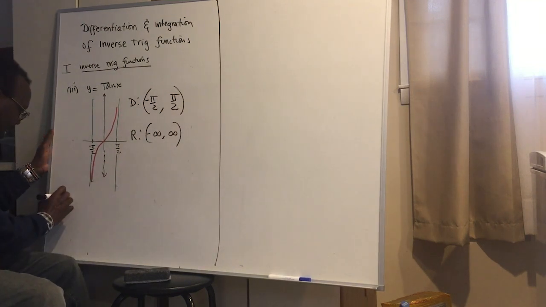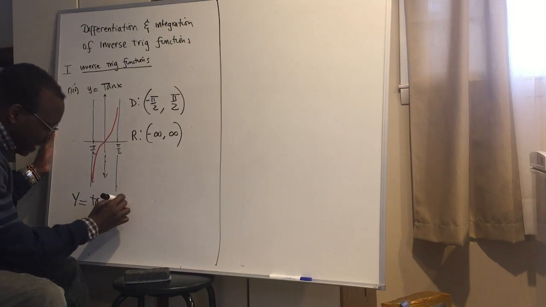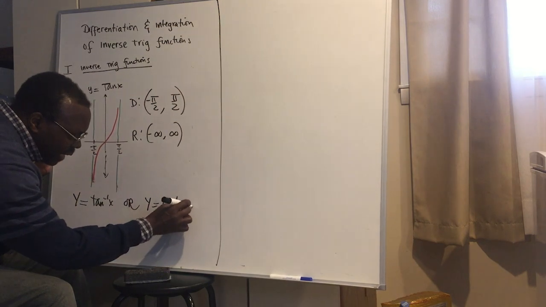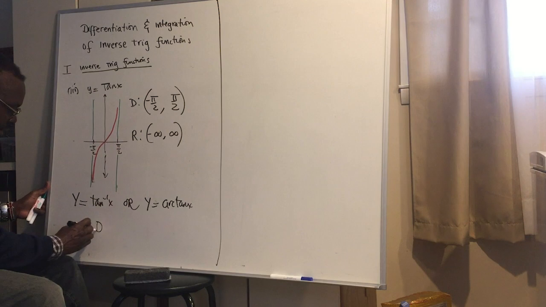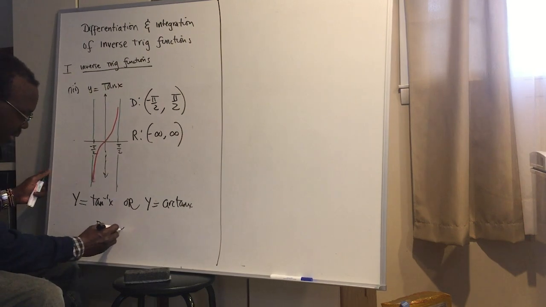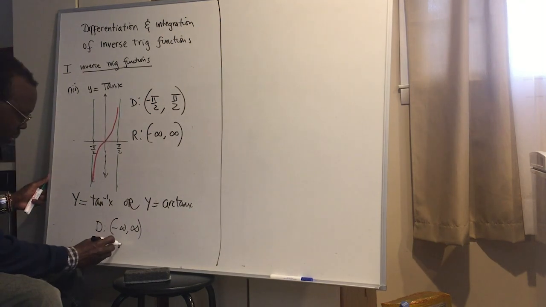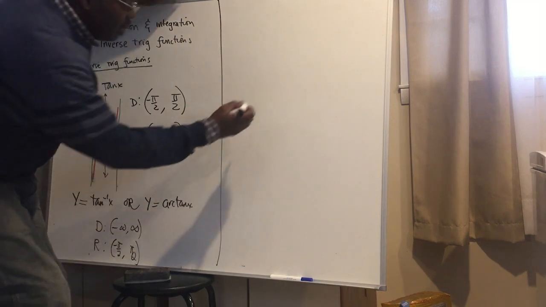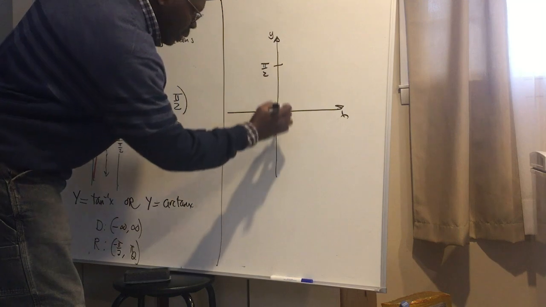Its inverse is y is tan inverse of x, or y is arctan x. Let's do the graph of this. The domain for this one should be all real numbers. The range should be from negative pi over 2 to pi over 2. The graph, I'll do the graph here, negative pi over 2.